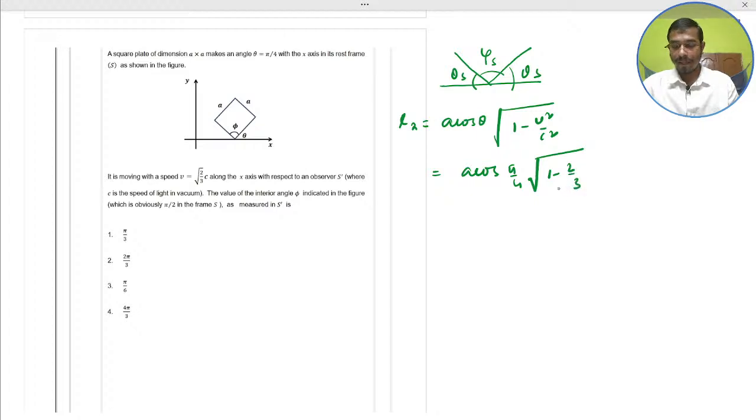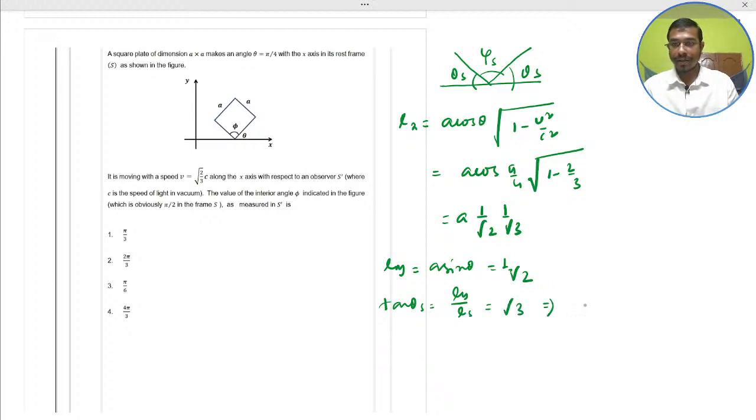So it would be a times 1 by root 2 into 1 by root 3, and the Ly component is a sin theta, that is 1 by root 2. So tan of theta is Ly by Lx, that is root 3, which implies theta is pi by 6.